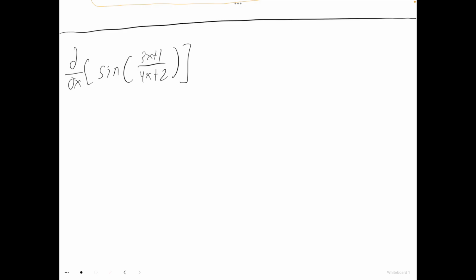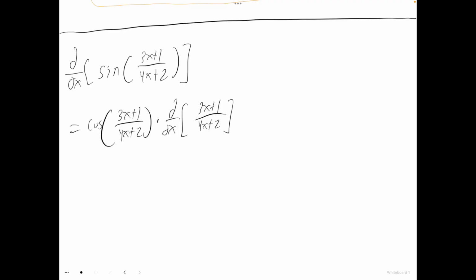So to do that, our outermost thing that's going on is a composition of sine with something plugged into it. And so we're going to have the derivative of sine, which is cosine, with the inner function plugged in. And we want to do times the derivative of our inner function. And so this is just the chain rule.